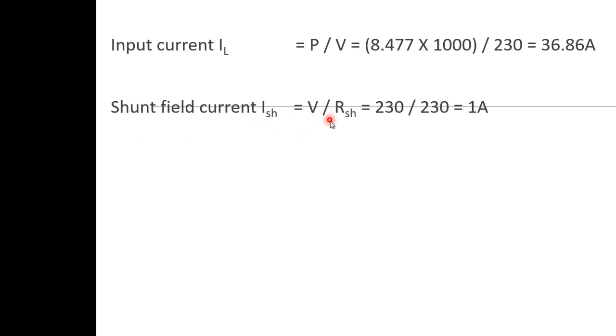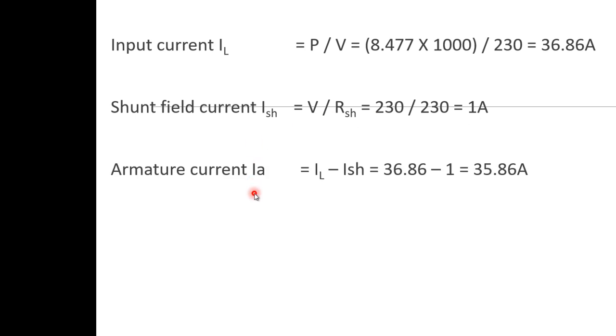ISH is equal to V divided by RSH, which is equal to 230 divided by 230, that is 1 amp. So 1 amp is the shunt field current. So armature current IA is equal to IL minus ISH, which is equal to 36.86 minus 1, which is equal to 35.86 amps.